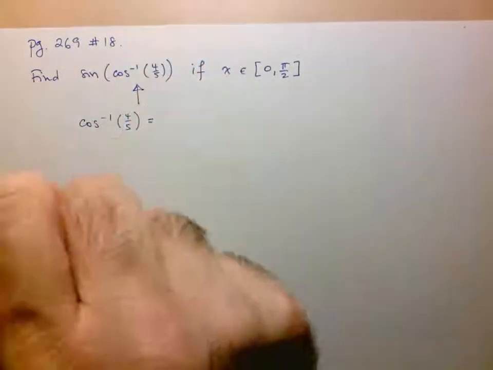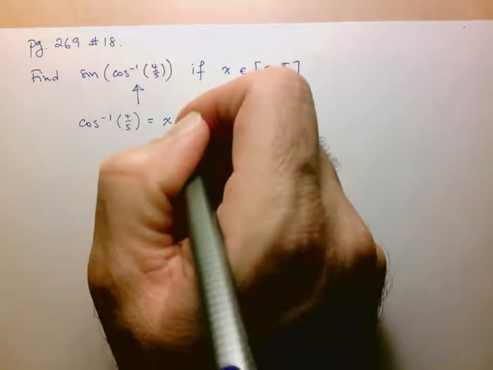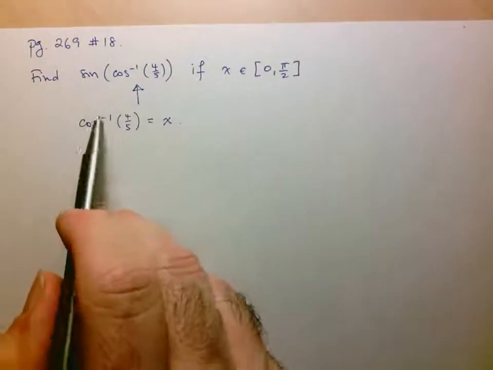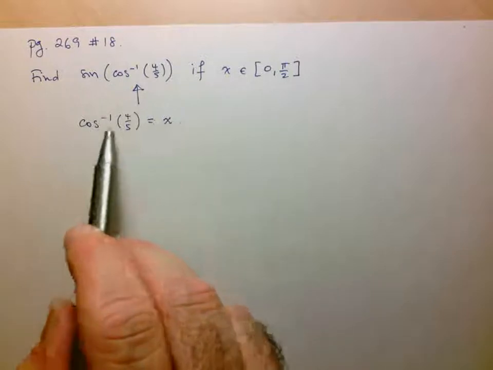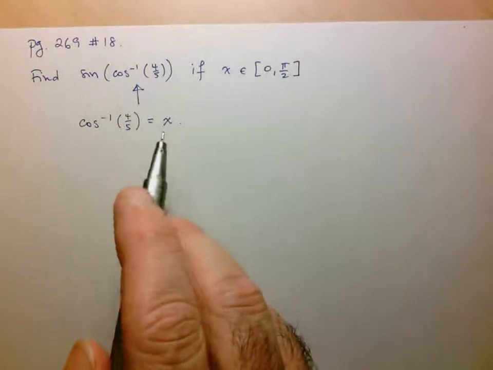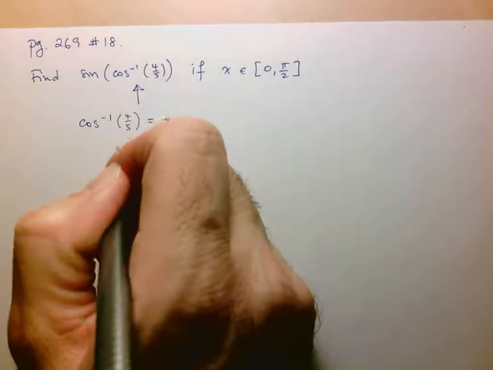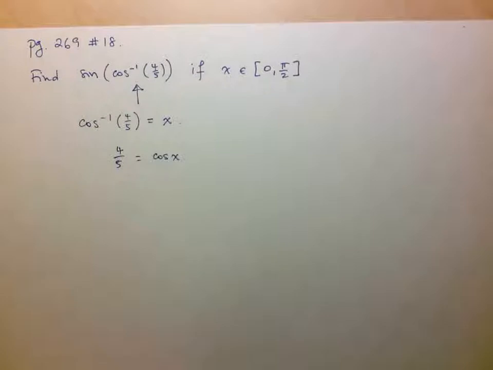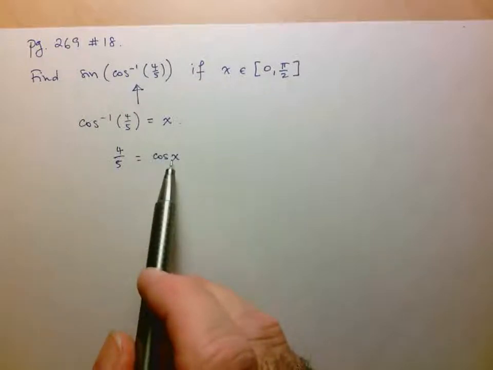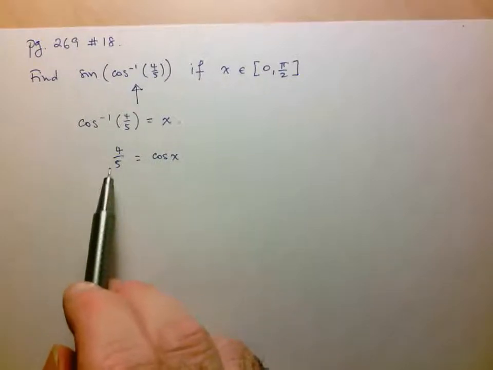Let's say I give this a name, I call this x. This represents an inverse function, so this expression is equivalent to writing 4 over 5 is equal to cos of x. In other words, what angle x has a cosine value of 4 over 5?